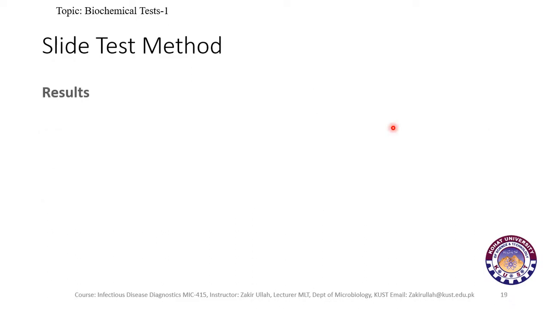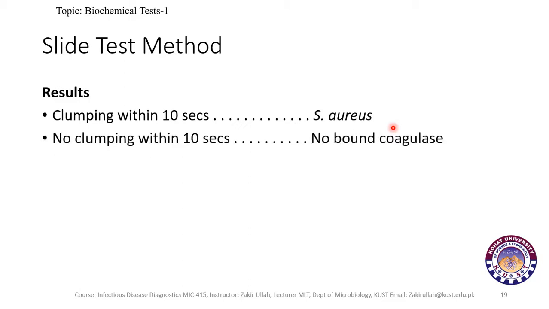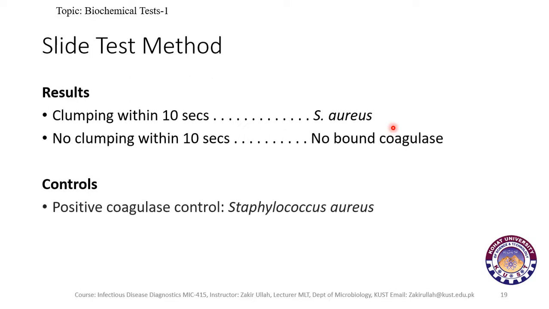This is the method of performing the coagulase test, and plasma is added. On the slide, the result shows clumping within 10 seconds, so this is a Staphylococcus aureus species. If there are no clumps, there is no clot, so this is not Staphylococcus aureus.